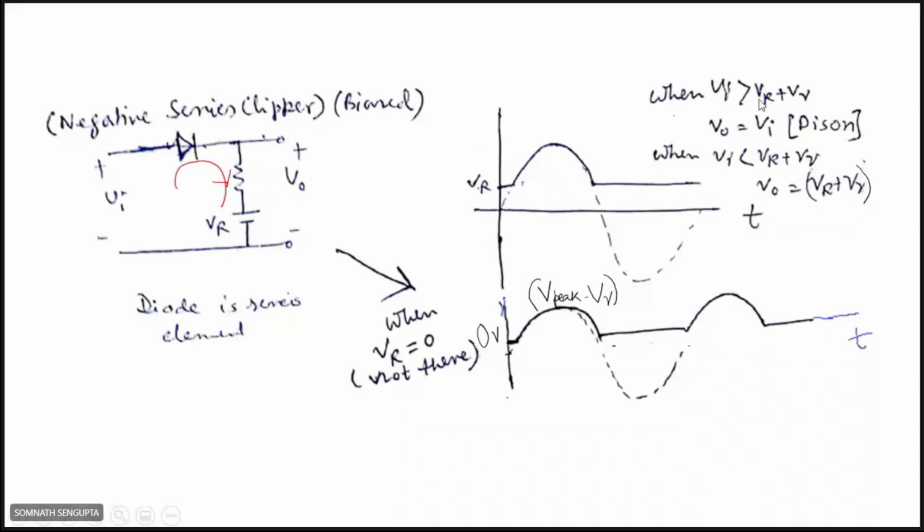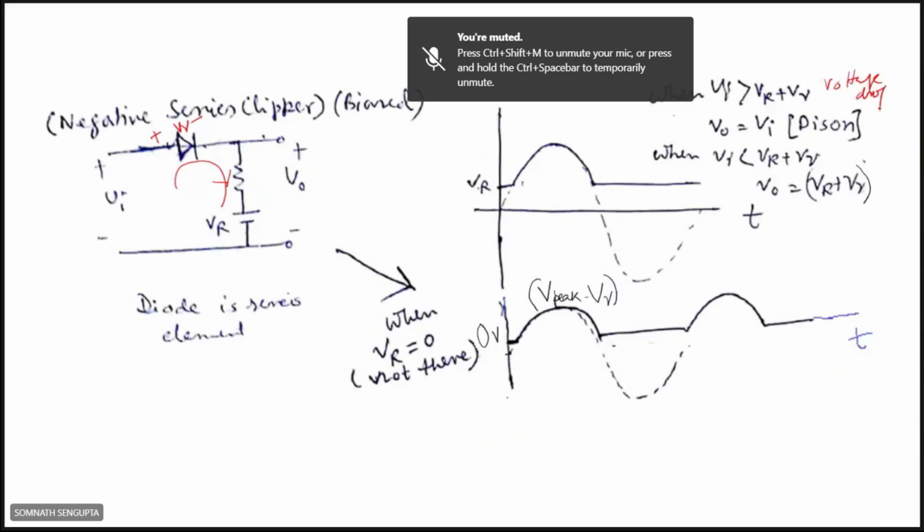When Vi is greater than Vr plus V gamma, the diode is on, and we get the output voltage due to the voltage drop across the resistance, or you can say V0 is equal to Vi.